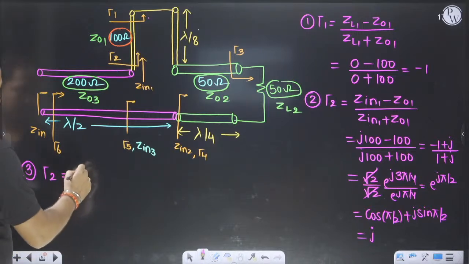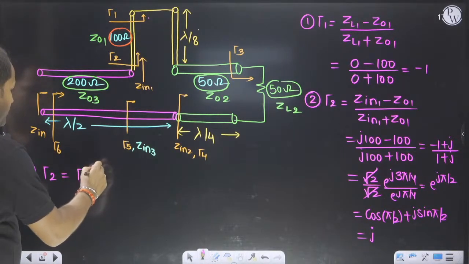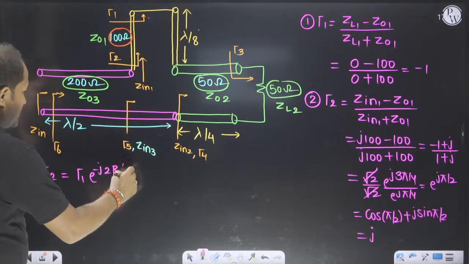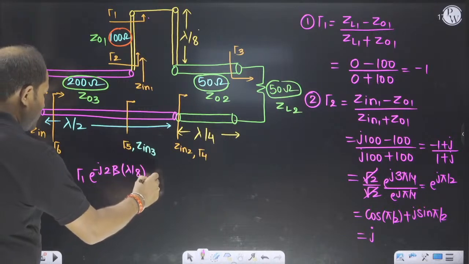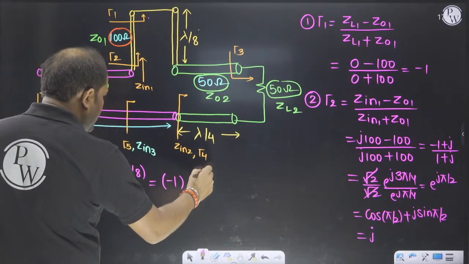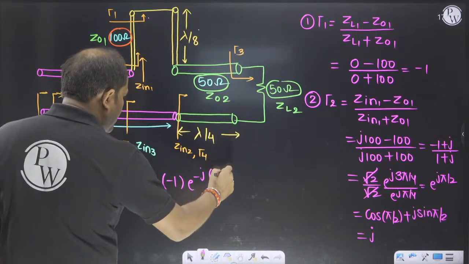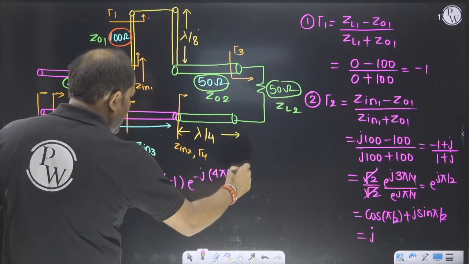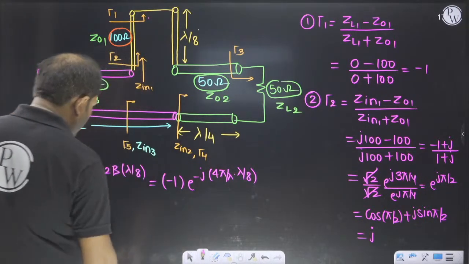How? Gamma 1 at a distance of lambda by 8, with the phase 2 beta. So gamma 2 is gamma 1, minus 1, times e to the power minus j 4 pi by lambda into lambda by 8, which is pi by 2.